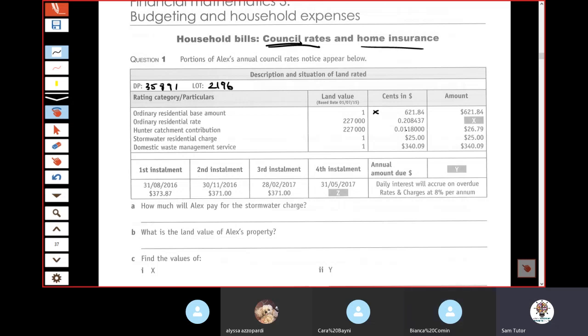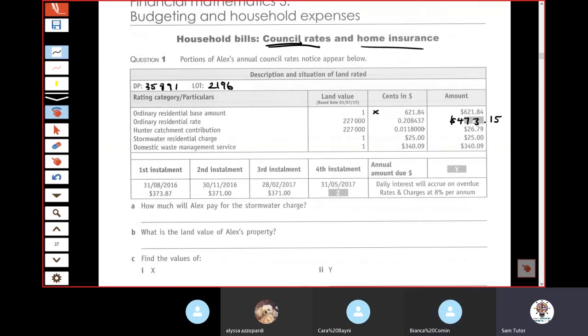I'm just working out the number for you guys. Why is this 0.28 cents in the dollar? Sorry, times $473.15. So don't forget, this is just 1 times this.